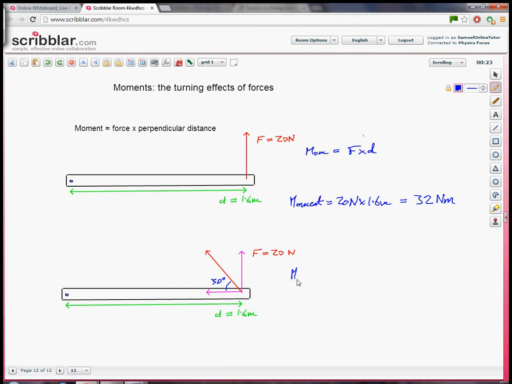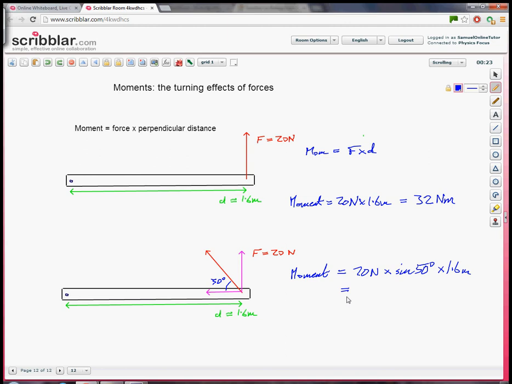So now the moment is the perpendicular force, which is 20 newtons times sine 50 degrees, gives us that component there, times the distance, times 1.6 meters, which, give me a second, I'll just work out how much that comes to.